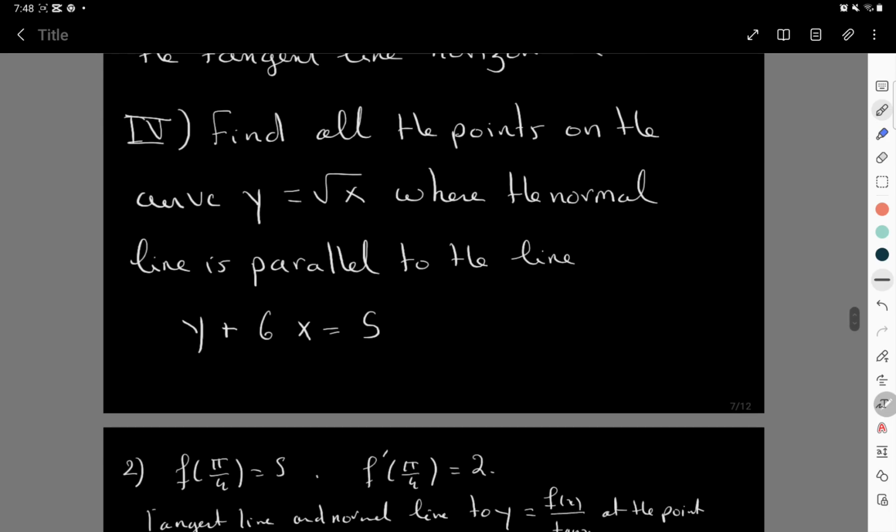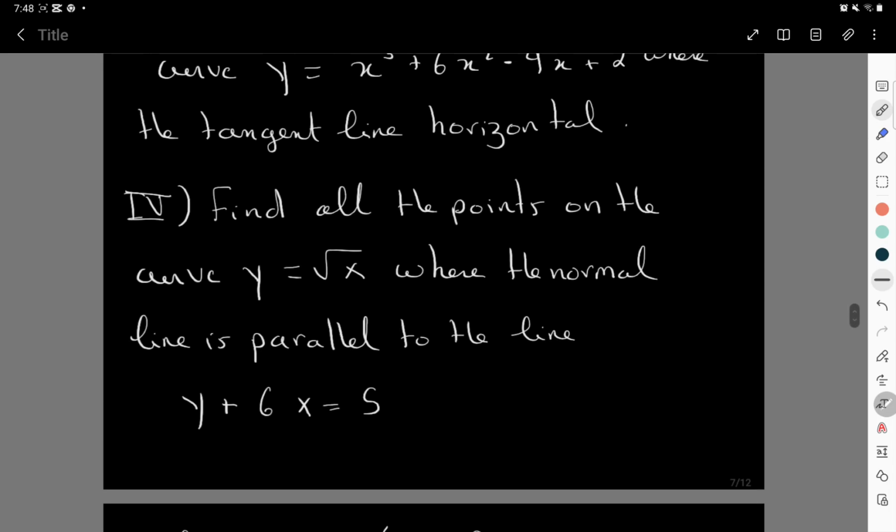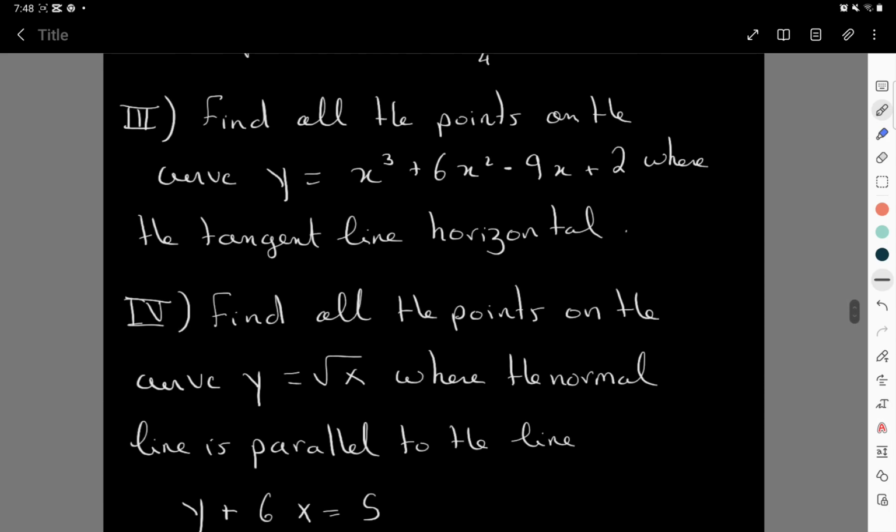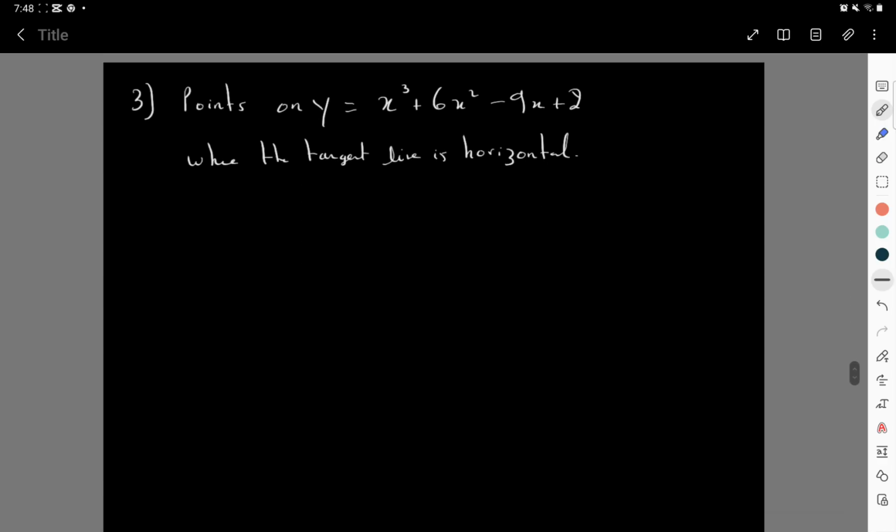Is it plus 2 or minus 2? Well, it matters a bit. Let's see where the tangent line is horizontal.